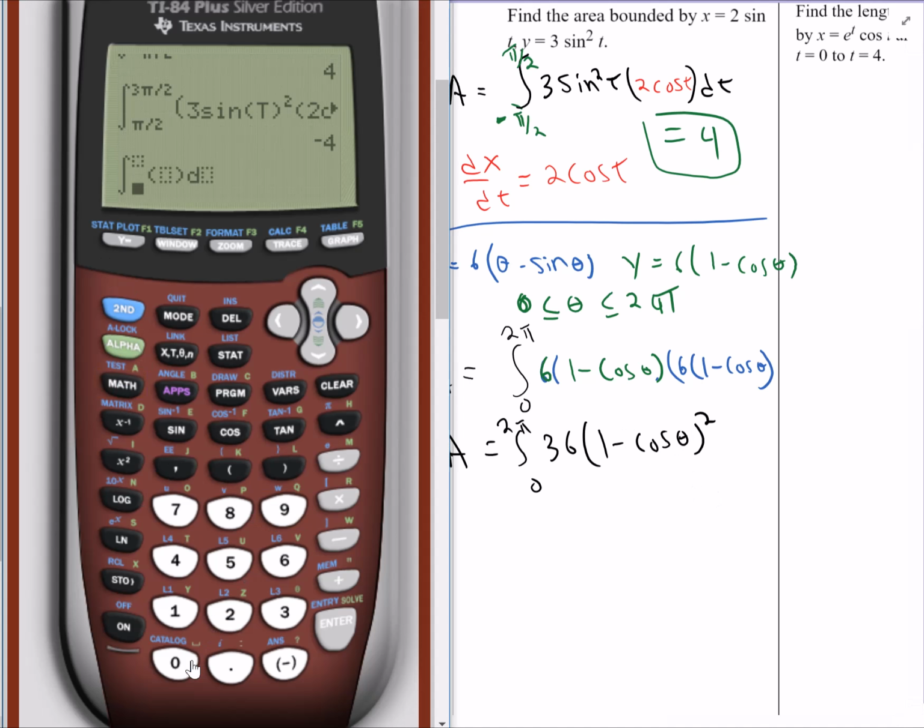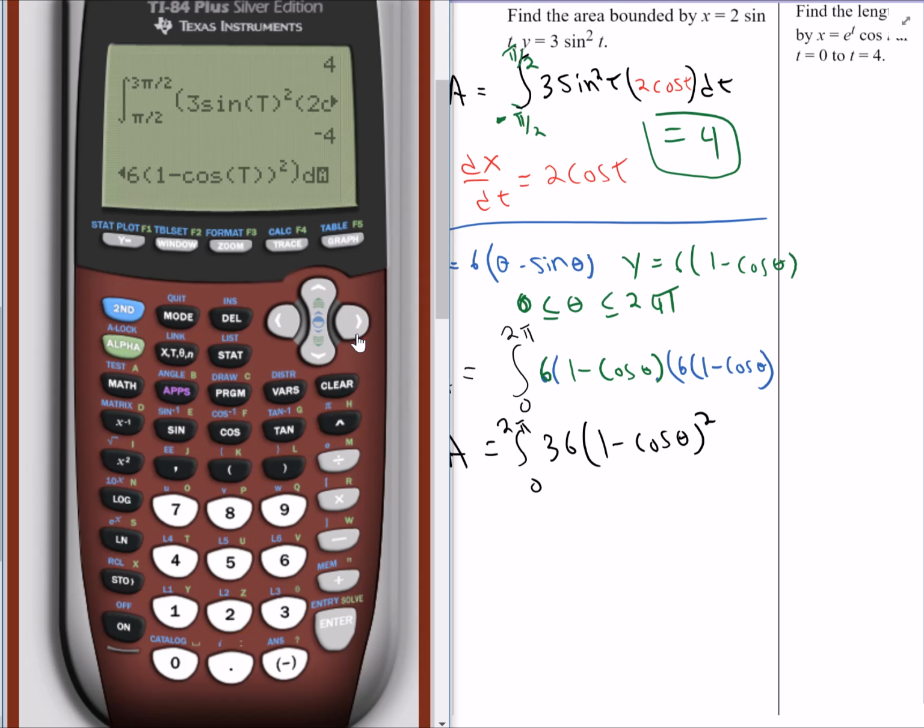But let's do this from 0 to 2 pi, and then we're going to do 36 times 1 minus cosine, it's t instead of theta, but like I said, I believe it'll work. This piece is squared.